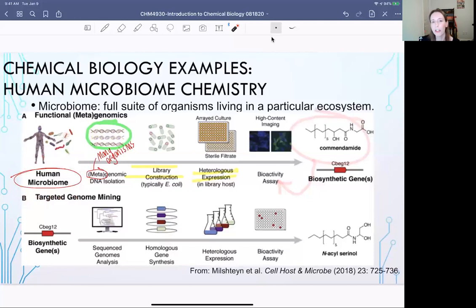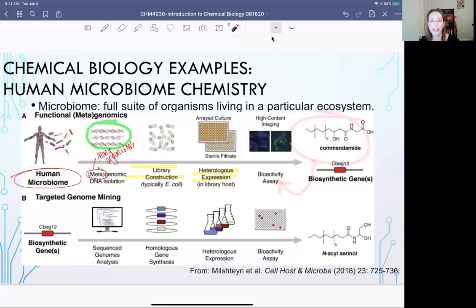For example, the human gut is one common place where microbiomes have recently been evaluated, because it's been found that the human gut microbiome composition plays a major role in diseases such as Crohn's disease.